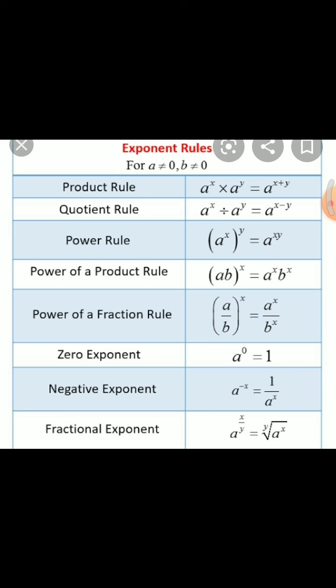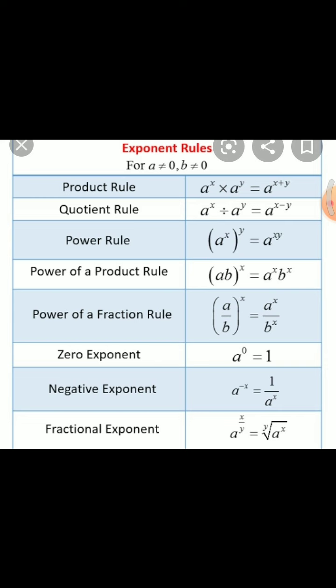Okay. In the exponent rules, in short form: product rule, a power x multiple a power y equal to a power x plus y. Quotient rule, a power x divided by a power y equal to a power x minus y. Power rule, a power x power y equal to a power x multiple y. Power of product rule, a b power x equal to a power x multiple b power x.